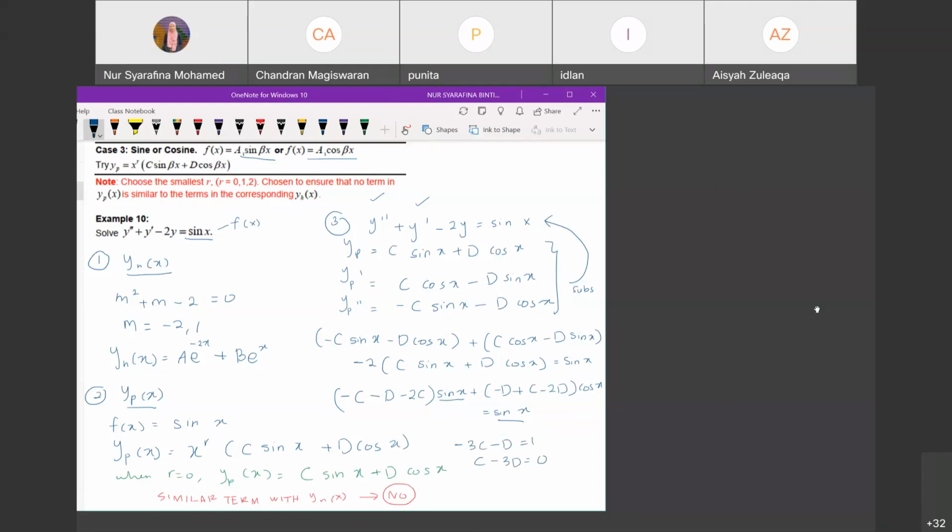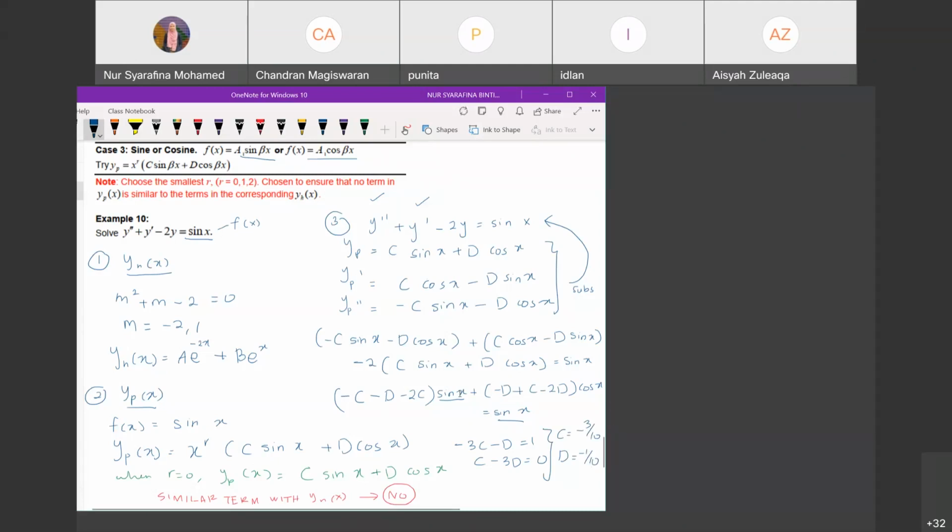What are your C and D? All right, C equals minus 3 over 10, D equals minus 1 over 10.